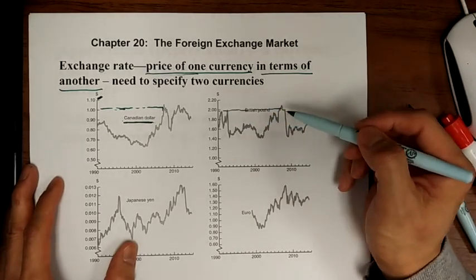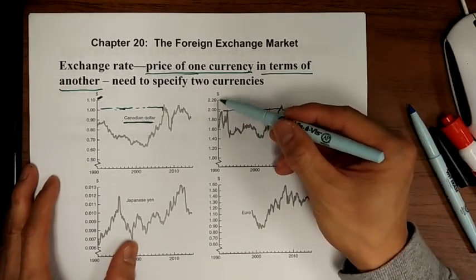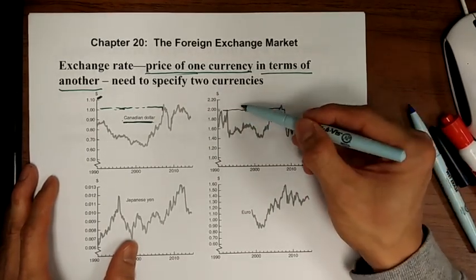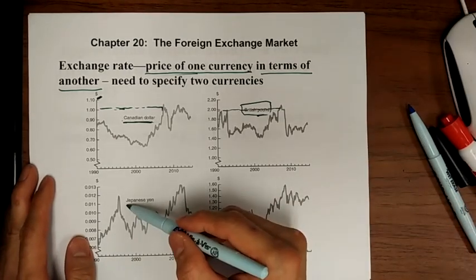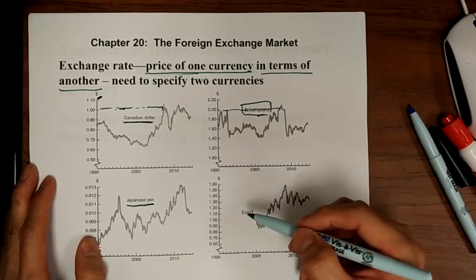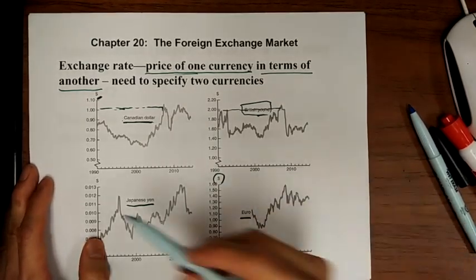The price of a British pound in around 2007 is $2 each. So you use $2 to buy a British pound. And this is the price of a Japanese yen. This is the price of the euro in terms of US dollar.